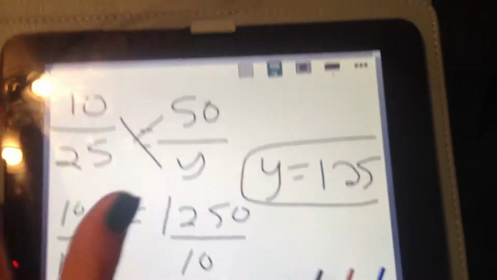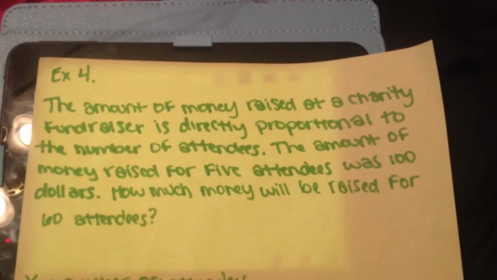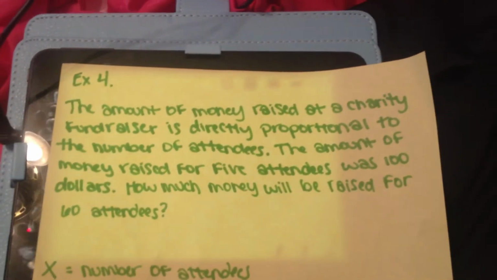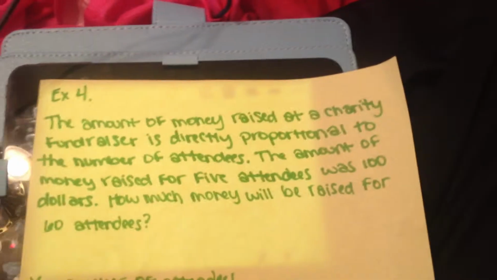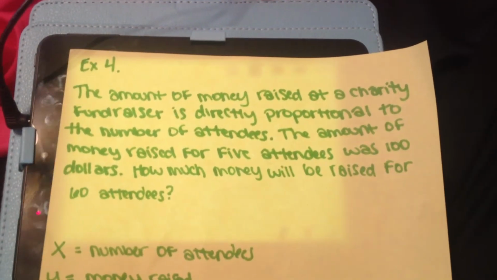And we've got one more word problem just for an example. It says the amount of money raised at a charity fundraiser is directly proportional to the number of attendees. The amount of money raised for 5 attendees was $100. How much money will be raised for 60 attendees?